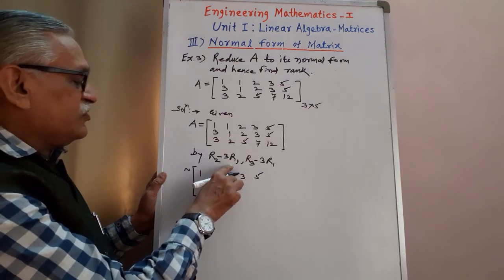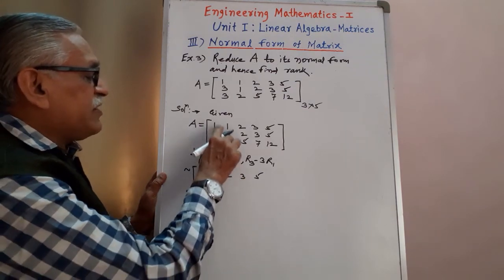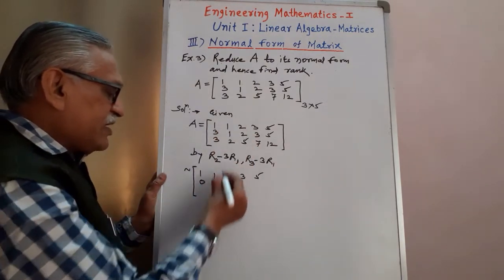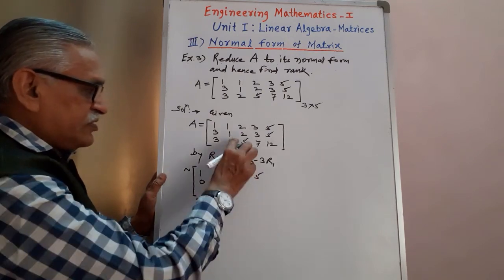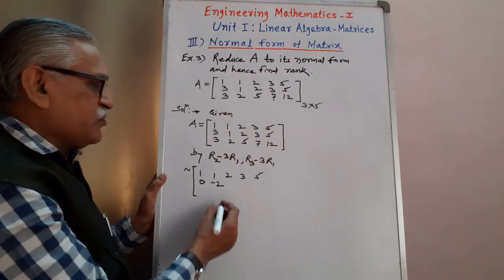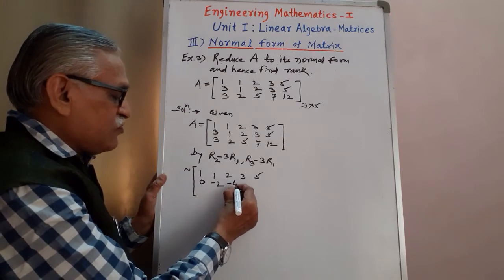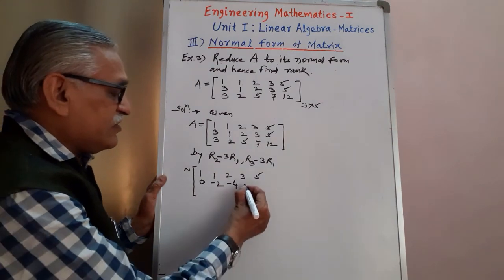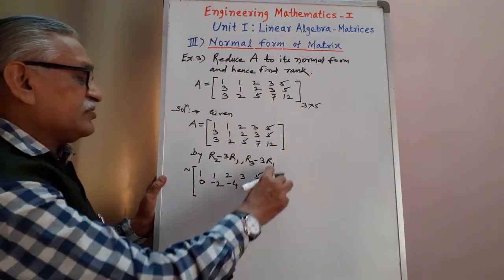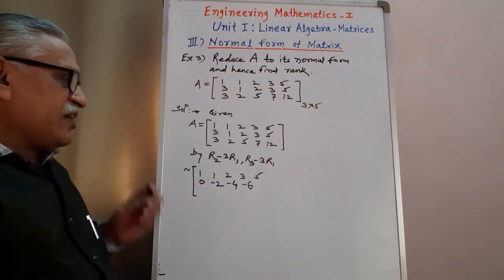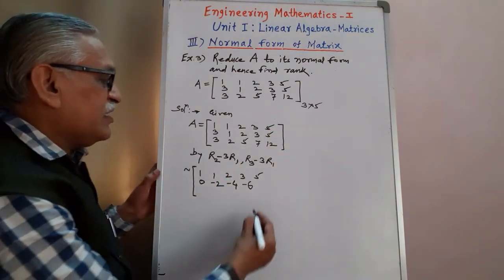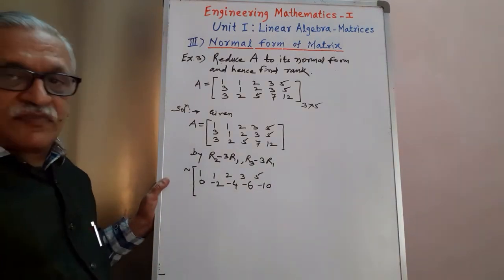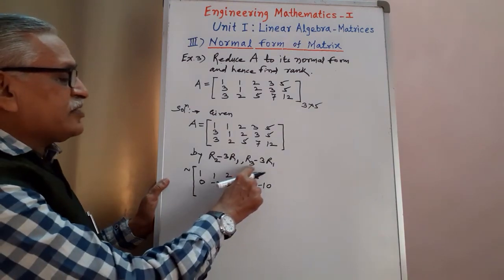Then, using this, R2 minus 3 times R1. 3 minus 3 times 1, 3 minus 3 we get 0. 1 minus 3 we get minus 2. 2 minus 3 times 2 is 6, 2 minus 6 we get minus 4. 3 minus 3 times 3 is 9, 3 minus 9 we get minus 6. 5 minus 5 times 3 is 15, 5 minus 15 we get minus 10.